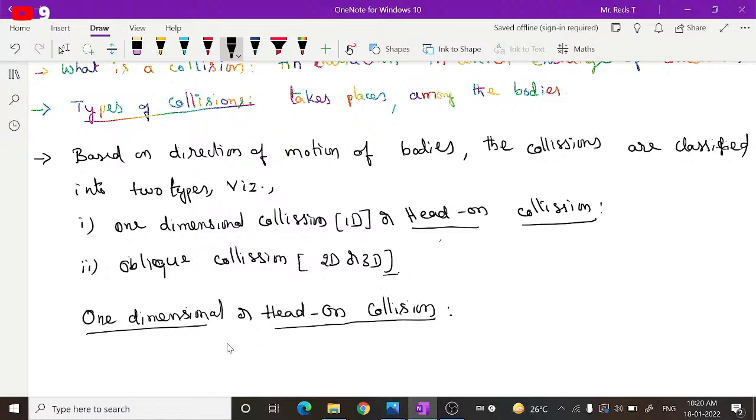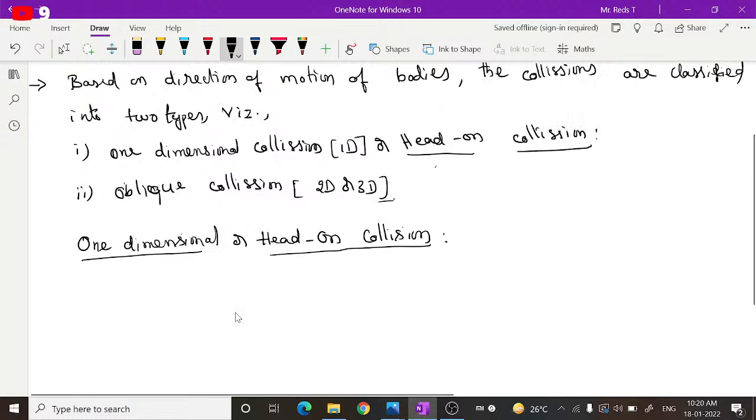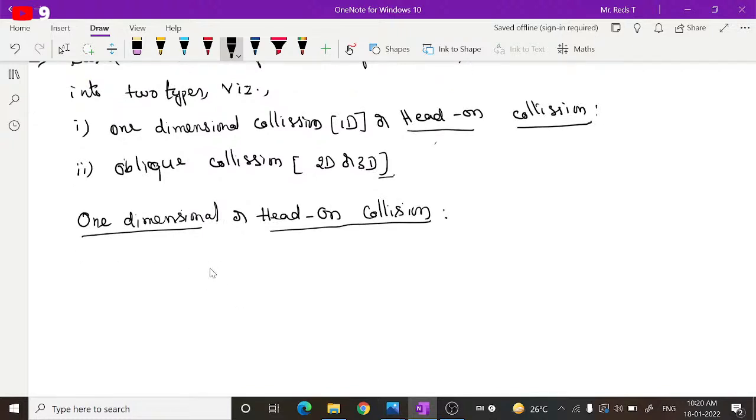I will show you with the help of a small simple diagram. If there are two bodies, this is m1 and another body m2. If m1 is moving with some velocity u1, and m2 is moving with some velocity u2 before collision.